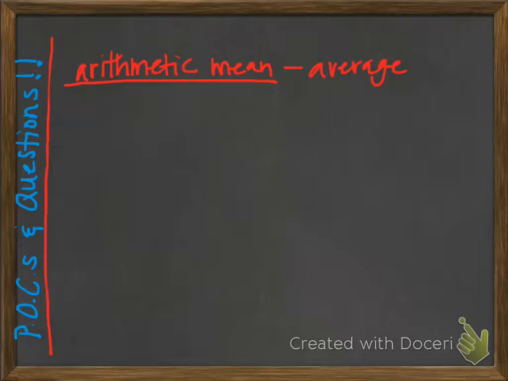So to find the geometric mean between 4 and 5, like in the last example, we would set up the proportion like we just did. To find the arithmetic mean, we would average the 4 and the 5. So we would add them and divide by 2. So basically, add and divide by 2.